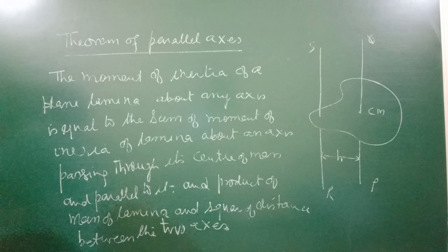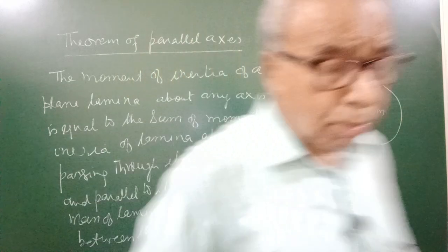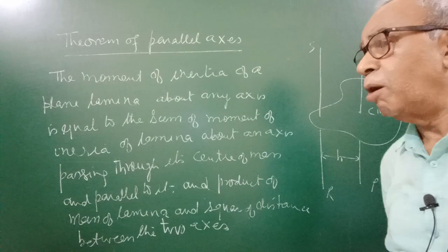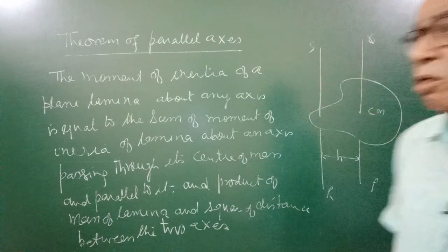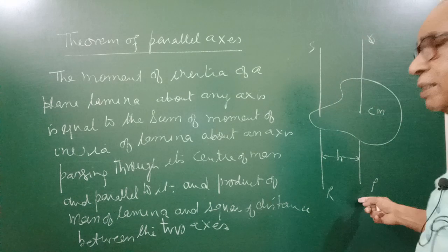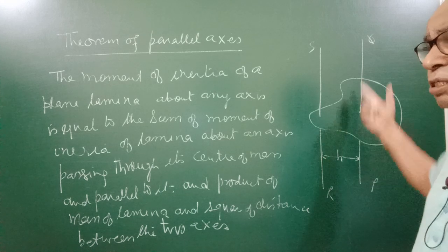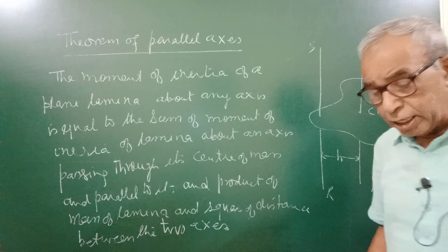I mean, this is the statement. The moment of inertia of a plane lamina about any axis is equal to the sum of moment of inertia of lamina about the axis passing through center of mass and the product of mass and square of distance between the two axes.